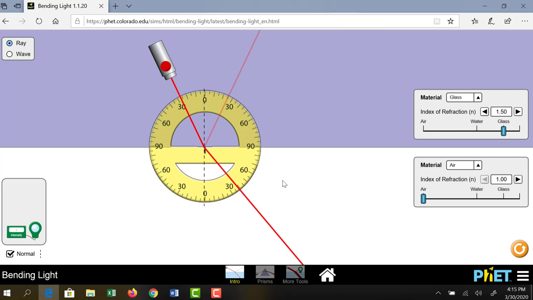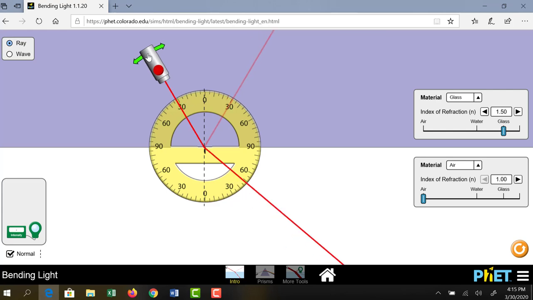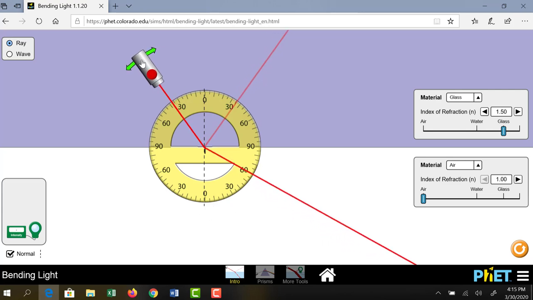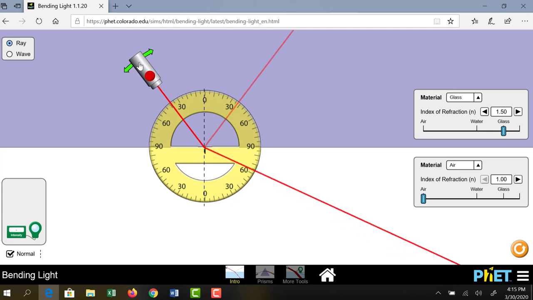This is a higher index, this is a lower index, so light is being bent away from the normal. Now if I slide this direction, the angle of refraction is getting larger and larger as I go this way. And you get to the point where none of the light leaves the glass and enters the air.